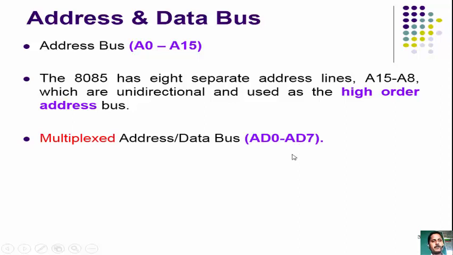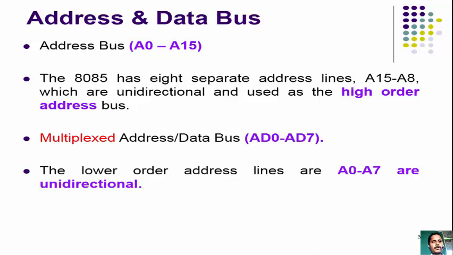So this is the main limitation or drawback of the microprocessor, and that's why, to separate the address and data lines, a separate hardware or IC is required to demultiplex or separate the address and data bus.